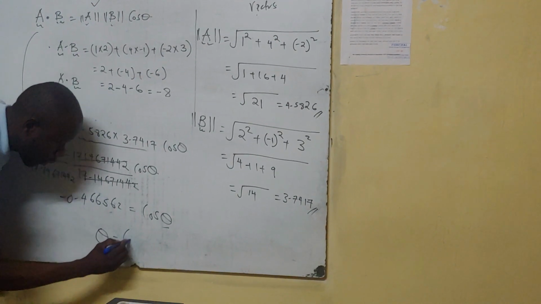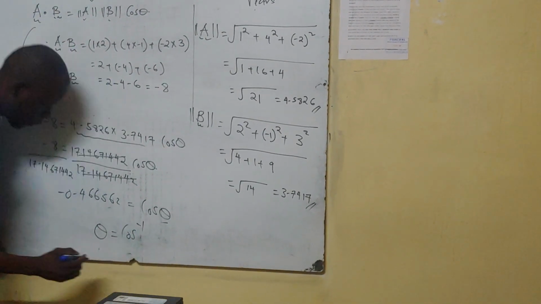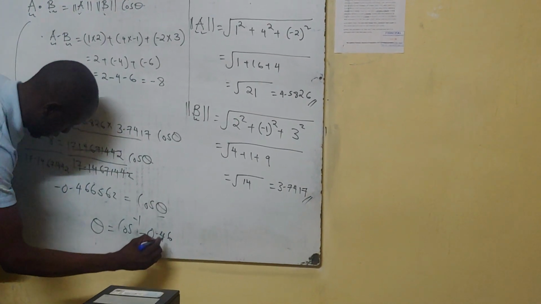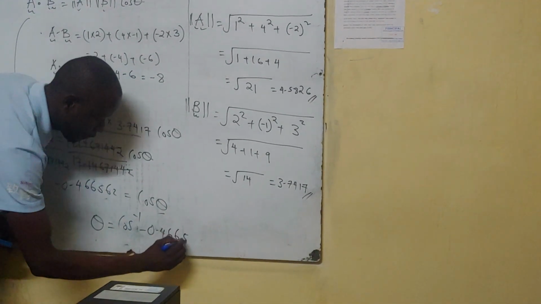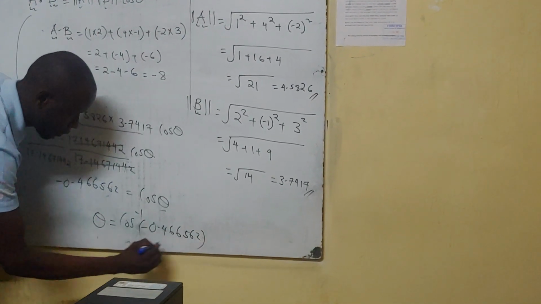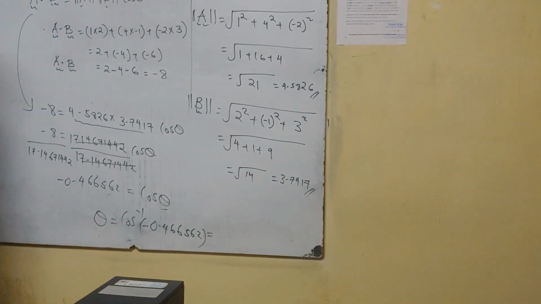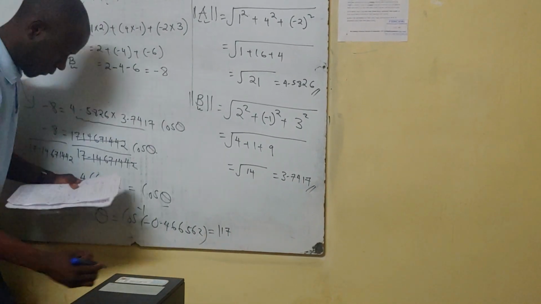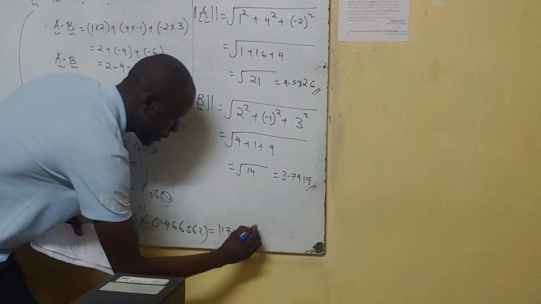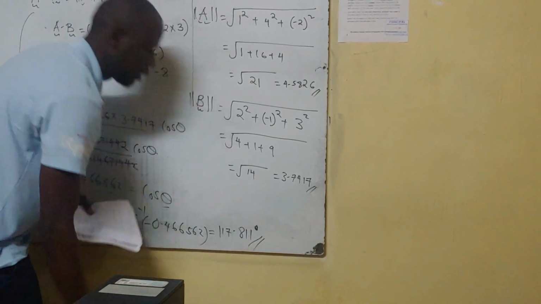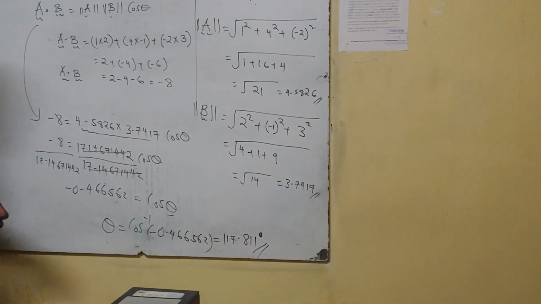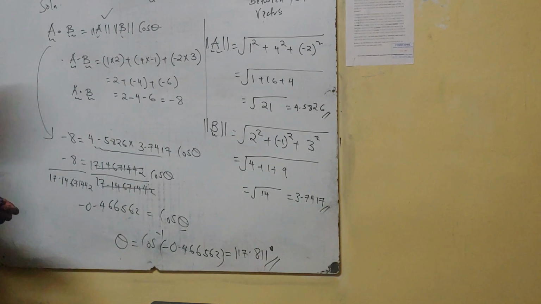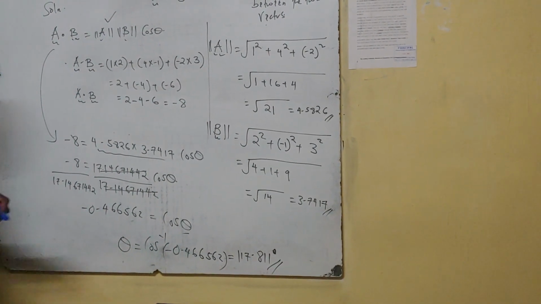So theta is going to be cos inverse of -0.466562, and when you press this on the calculator, you get an angle of 117.811 degrees, and this will be the angle between the two vectors. That gives the entire process of finding the angle between the two vectors given.